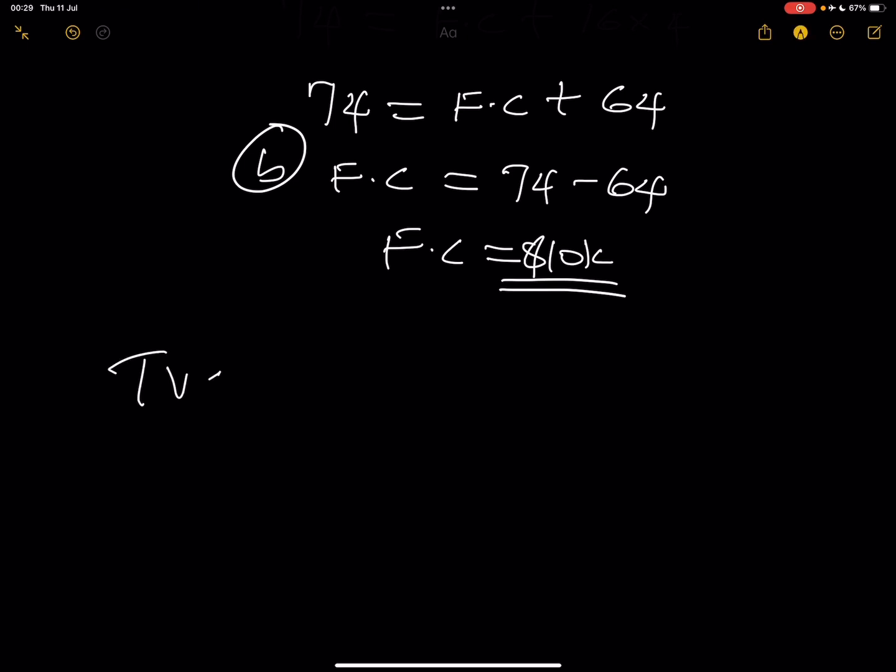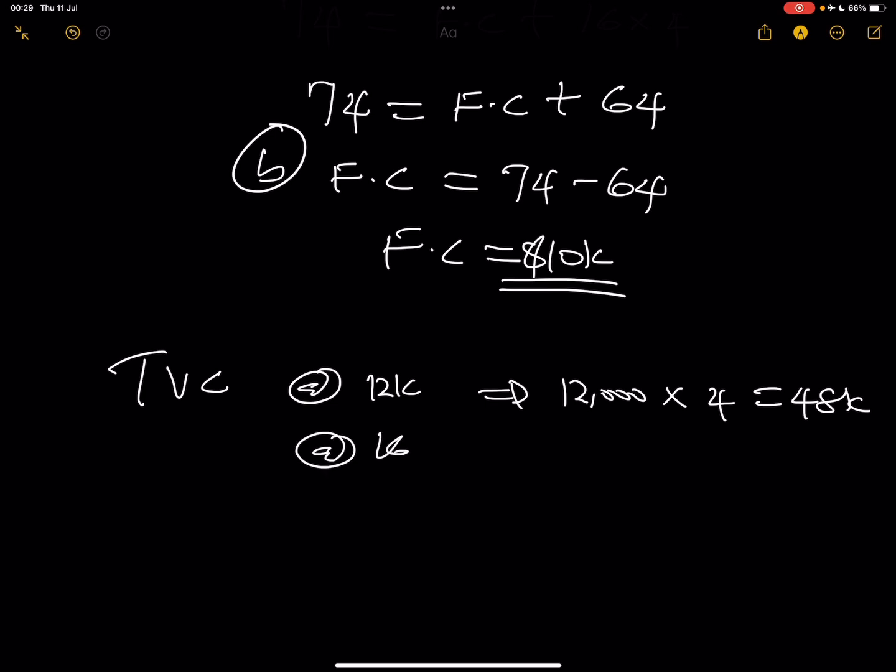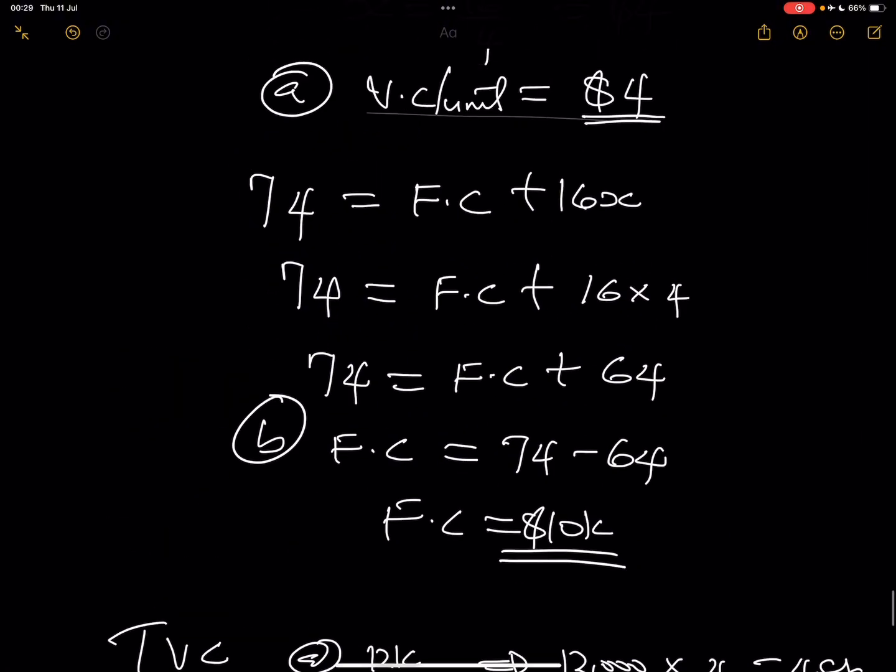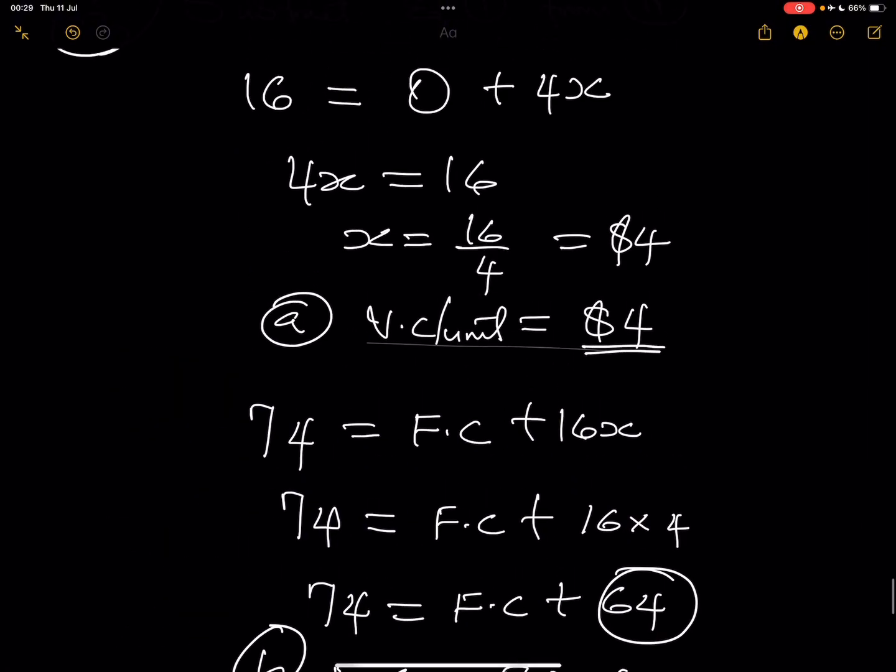So total variable cost at 12,000 activity will be 12,000 units multiplied by 4, and that will be 48k. And at 16k, that will be 16,000 multiplied by 4, which is 64k. And that is the total variable cost level.